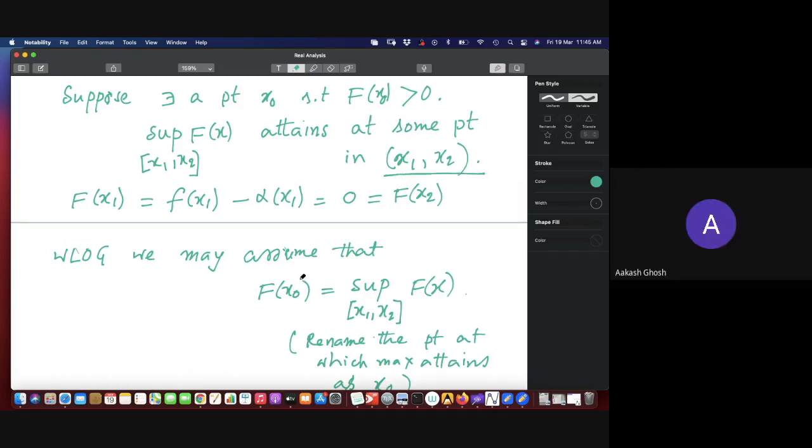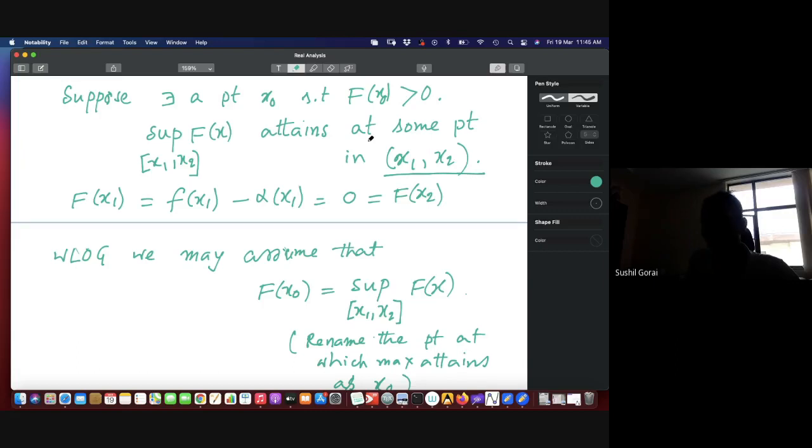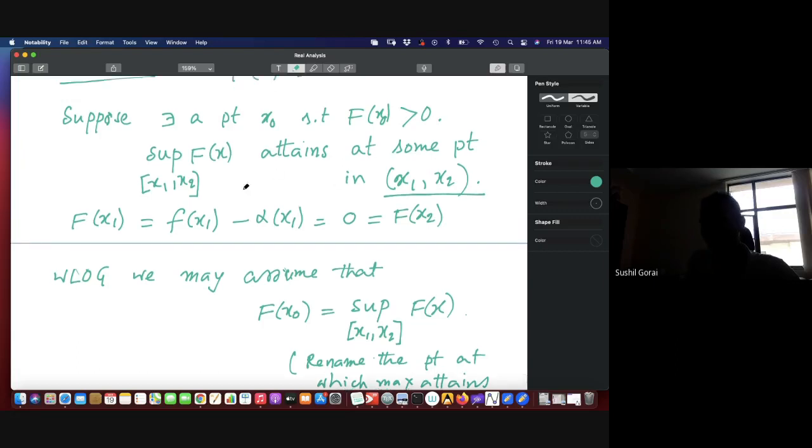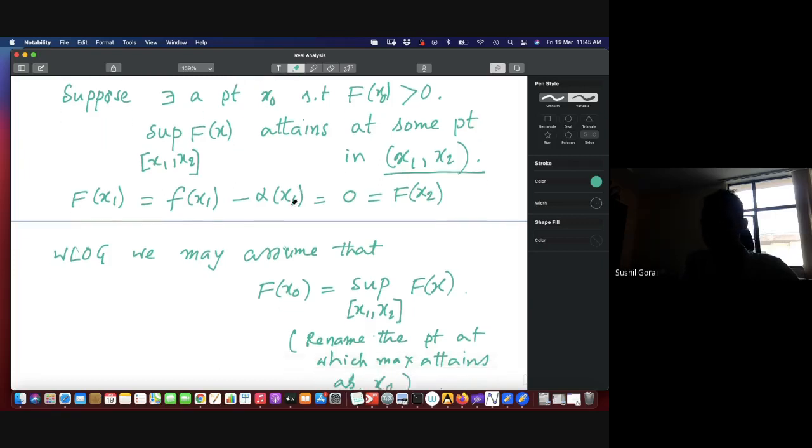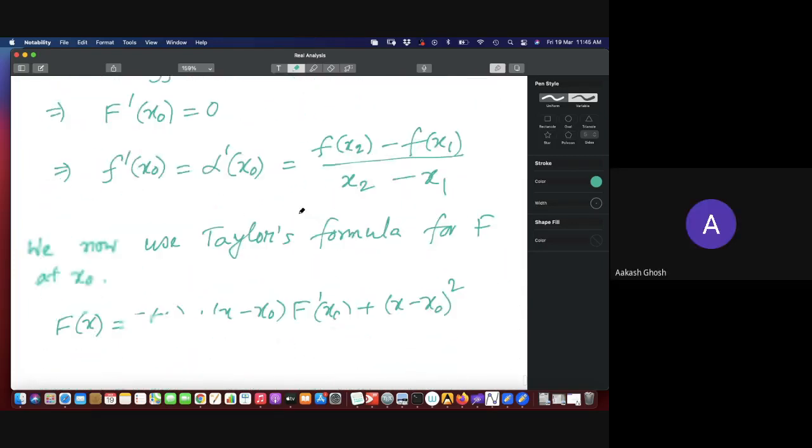Yeah, that's what we did some work for, so that this x naught lies in the middle, not at x1 and x2. Because at x1 and x2 it is 0, and there are points where it is greater than 0 in the middle. So the maximum will be attained in the middle. All right? Yes, sir. Okay.